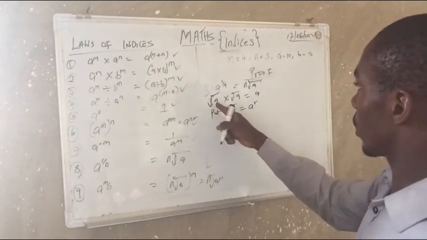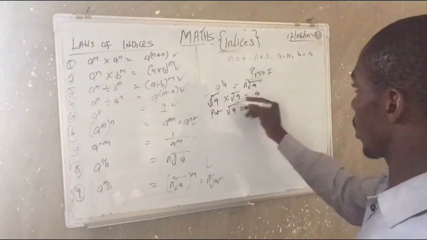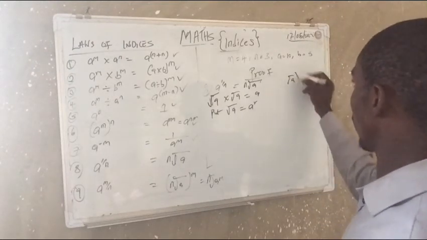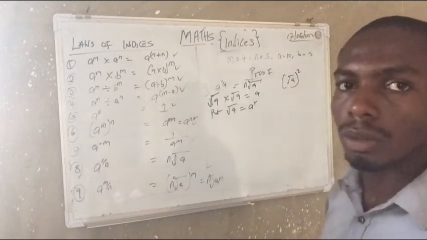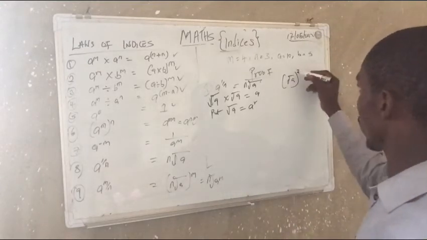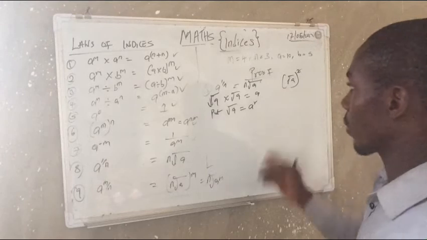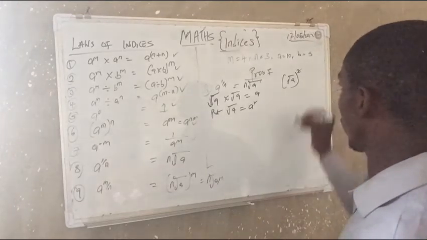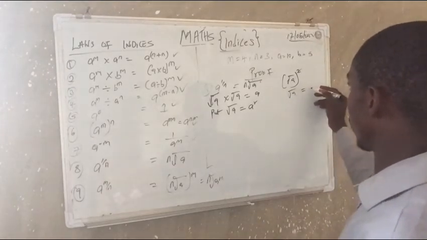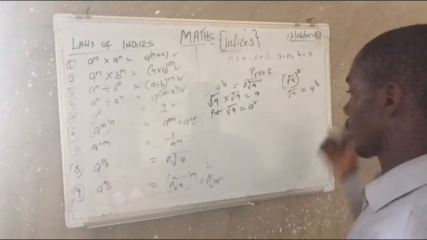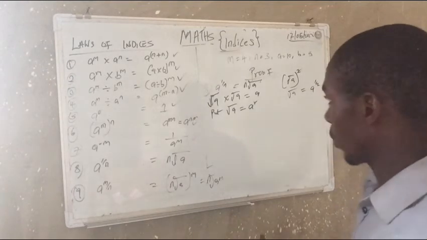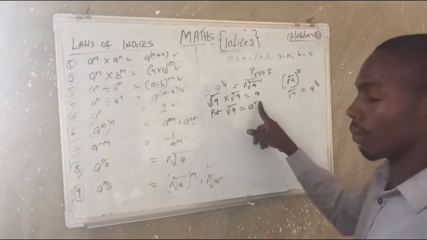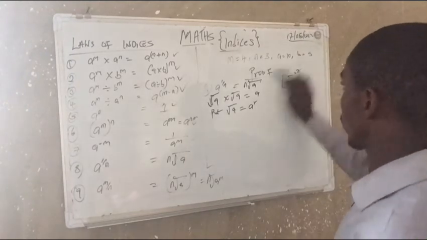Now, you see that this a times a here is actually root a raised to the power 2. So this square root can take care of this to have a. And we know that this is just a raised to the power 1 over 2, no matter whichever way. That's why I put this r here to take care of the power.